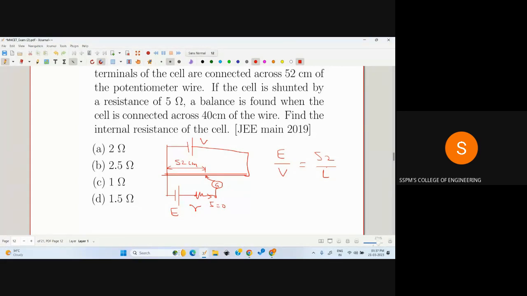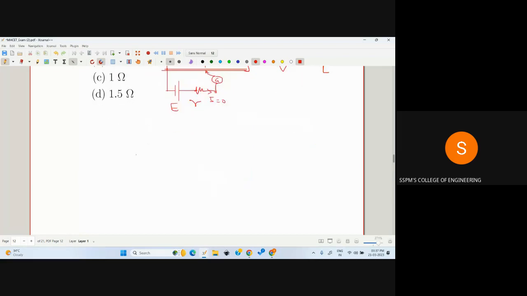Now the next condition is applied. In the next case, the shunt resistance is connected across the cell. Connect the negative potential here, negative positive. V is given.